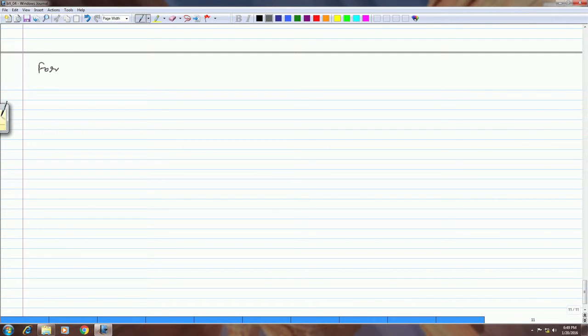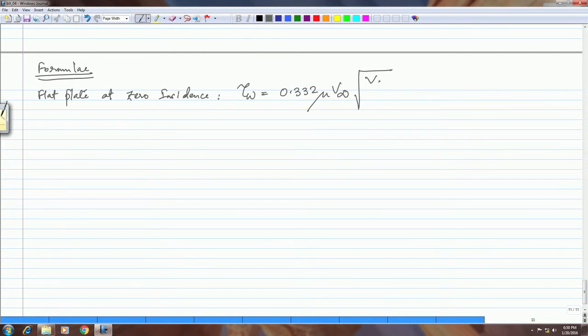This is the formula you can generate, okay. Now, for example, flat plate at 0 incidence, right.